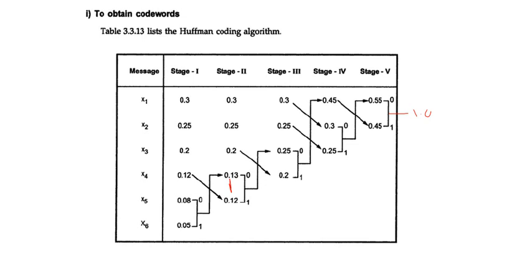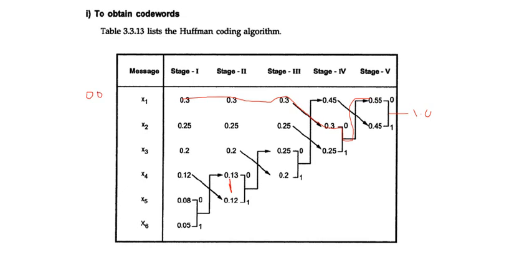Now we need to assign a code word for each symbol. First I will read from left to right, so the chain is going in this way. After finding the path of the x1 symbol, I will read all bits from right to left, 0 0. That is nothing but the code word of x1. So 0 0 is the code word of x1.